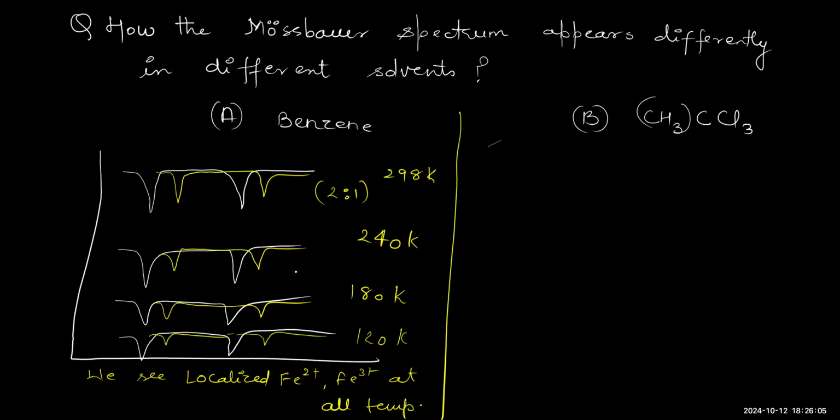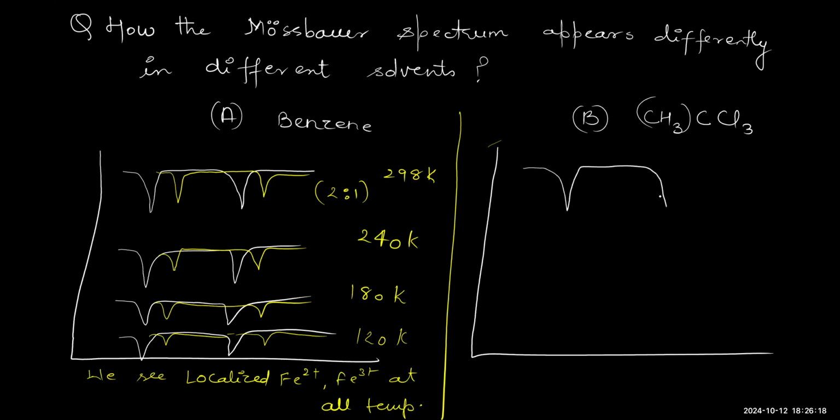Now let's take the case of when we have changed the solvent to a substituted chloroform. So firstly, we only saw one peak at 298 Kelvin, followed by 240.